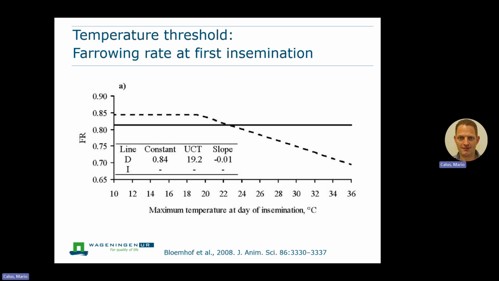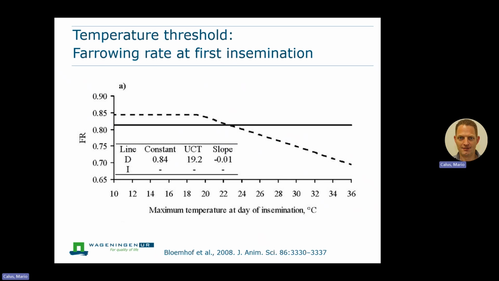What you can see is that at the lower maximum temperature on the day of insemination, the one line actually outperforms the other one. But the other one, which has a lower performance, keeps this performance also at higher temperatures, whereas for the higher performing line, past a temperature of about 18 degrees, the phenotype starts to go down.